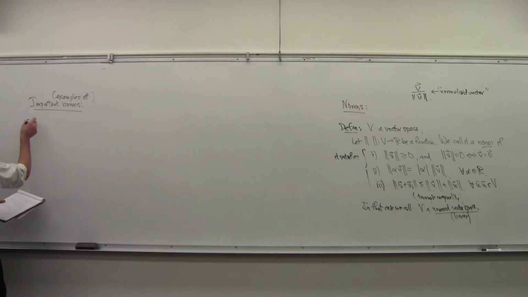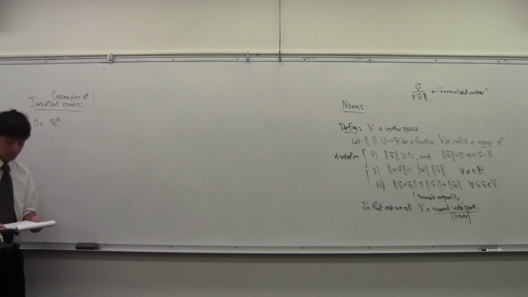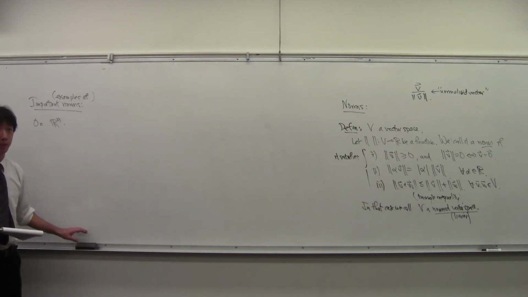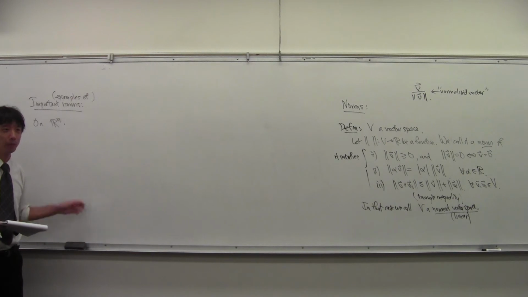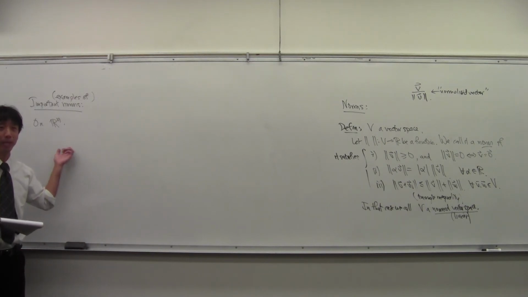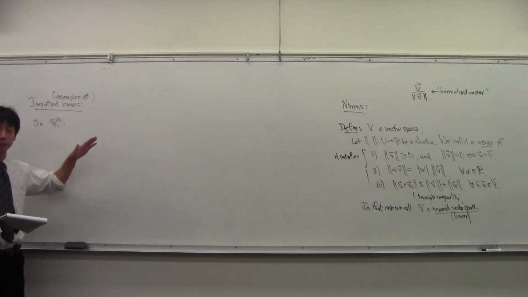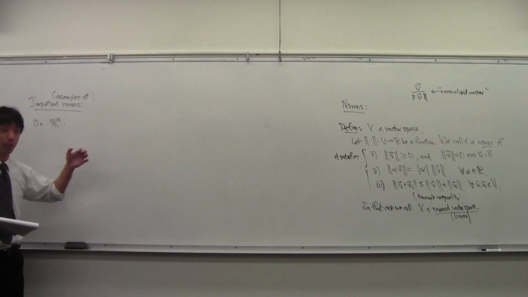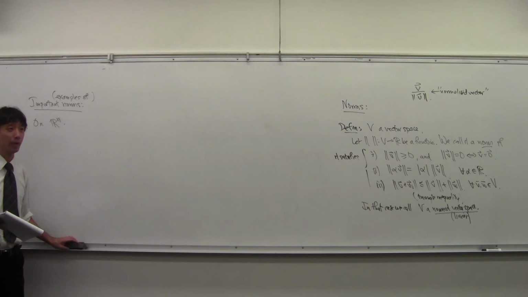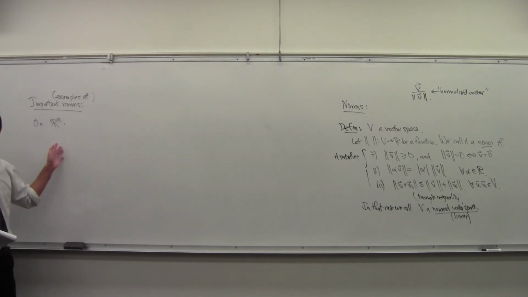On Rn, you already have one way of defining the magnitude: you take the sum of the squares of the entries to the 1/2 power. That's your normal Euclidean norm.